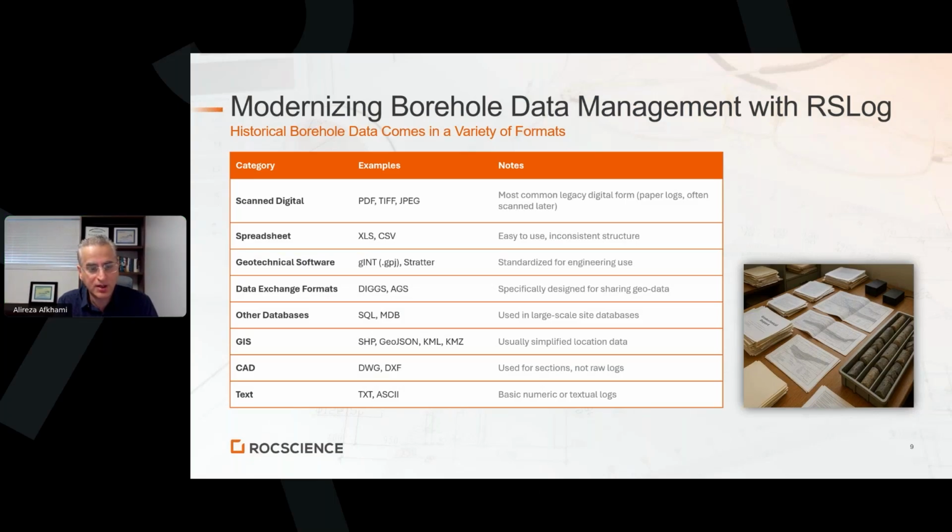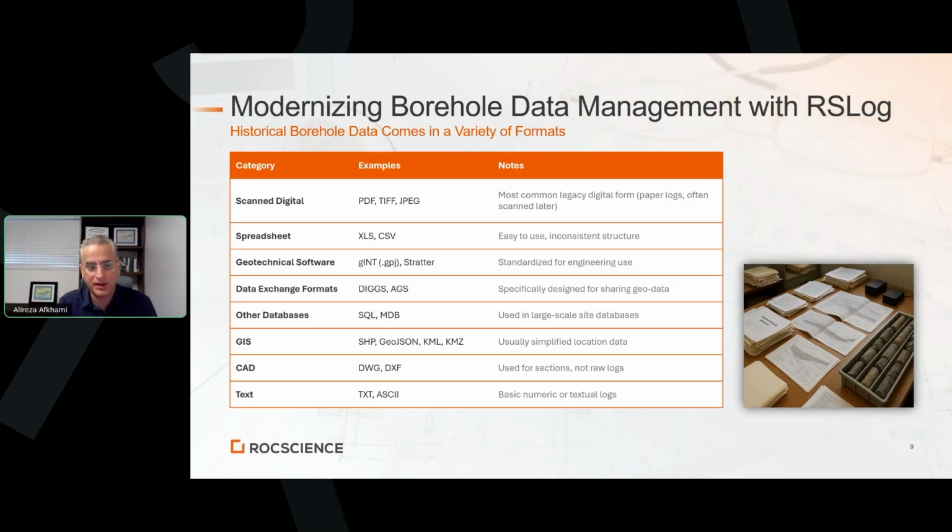We have some data exchange formats such as DIGGS and AGS. The DIGGS standard file format is mostly used in the US. It was created by the GeoInstitute and is used mainly right now by Departments of Transportation as a common data format for data exchange.